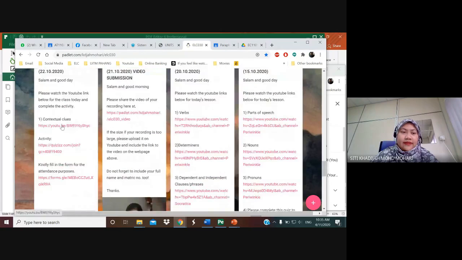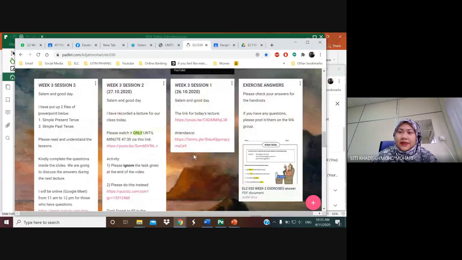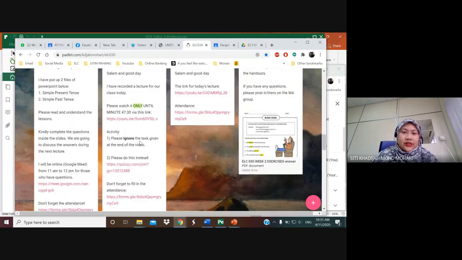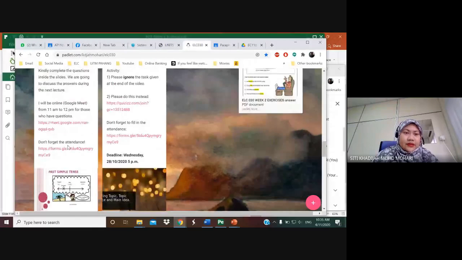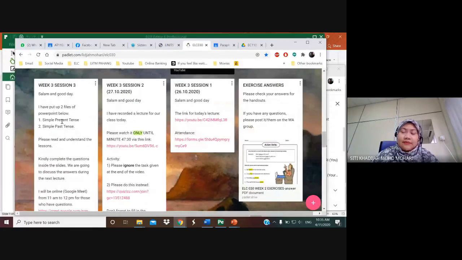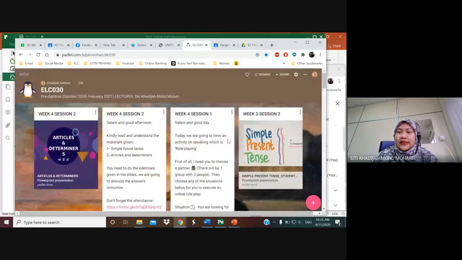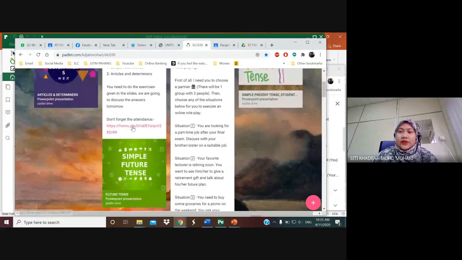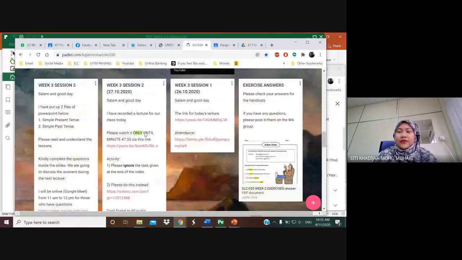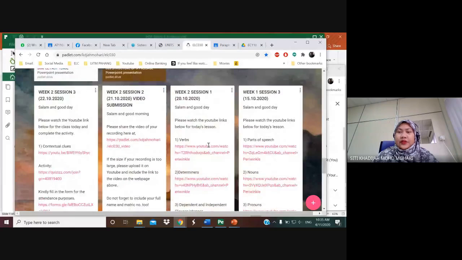And then we have covered action verb, simple tenses, simple present, past tense, simple past, and then future tense last time. So we are going to look at some of the activities that I have given to you.